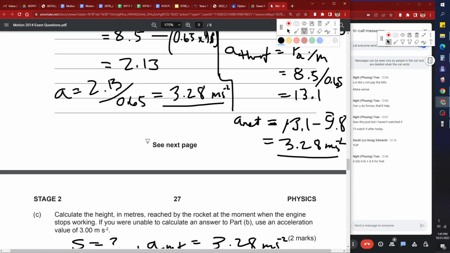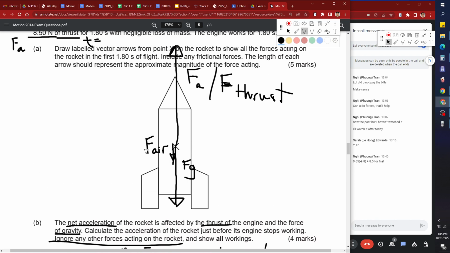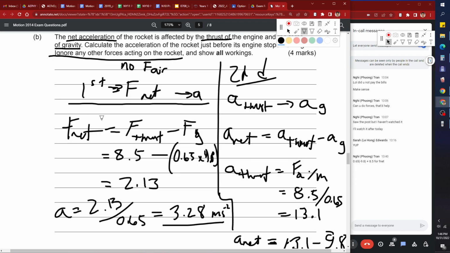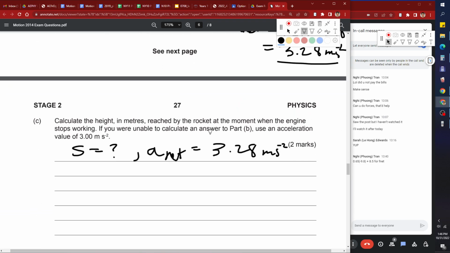We know from the question that the engine works for 1.8 seconds. And we know that it's at rest, so we know that u is 0 because it starts from the ground. So u equals 0, time equals 1.8.